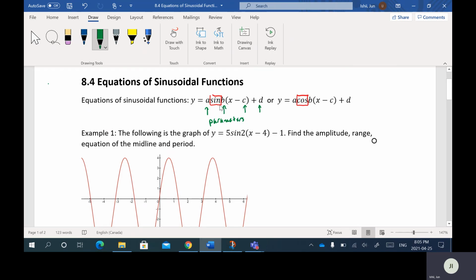Just by looking at the equation itself, without actually having to graph it, we can figure out certain things like the amplitude, the period, the equation of the midline, and so on. You can see here in this example, we have numbers substituted in for A, B, C, and D.